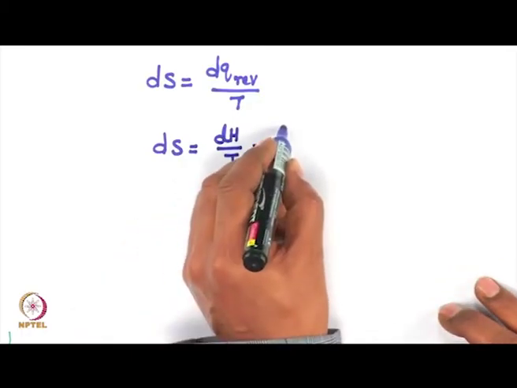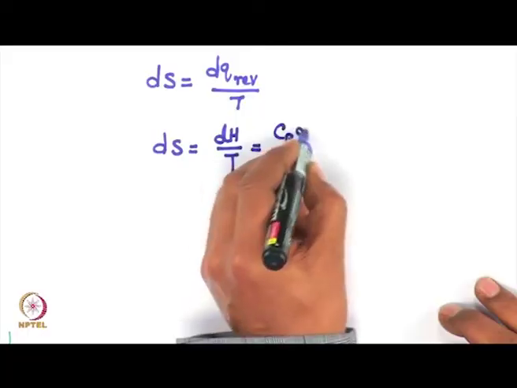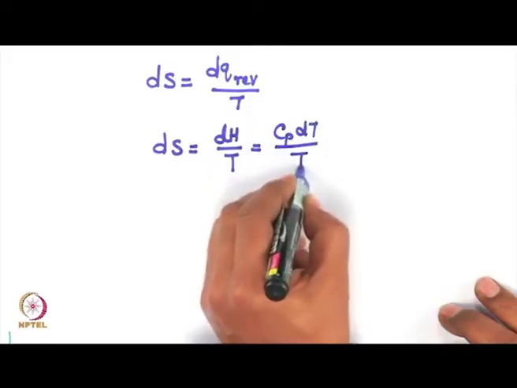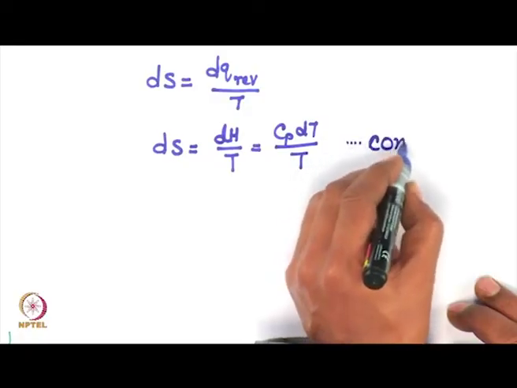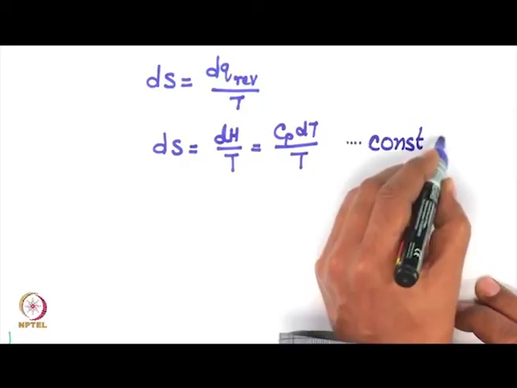This is equal to Cp dT by T, and remember that we are talking about constant pressure.